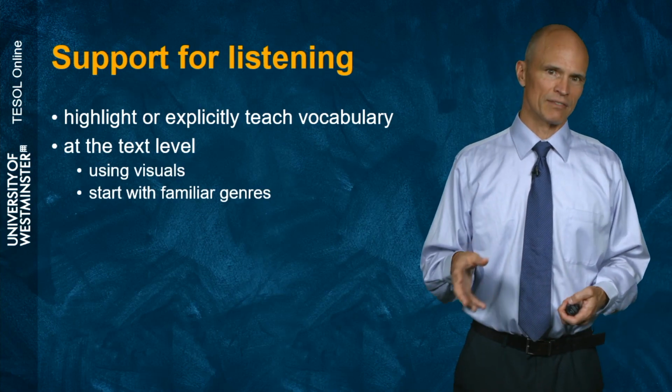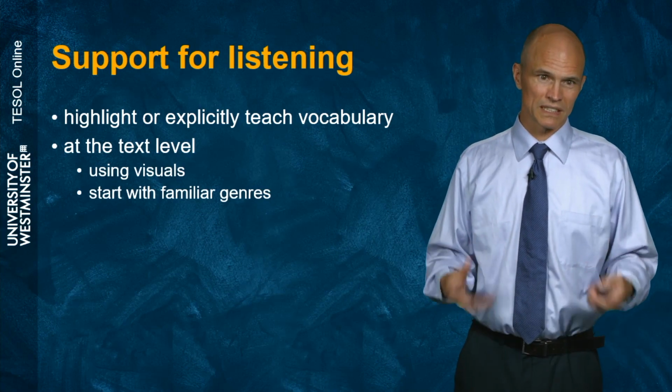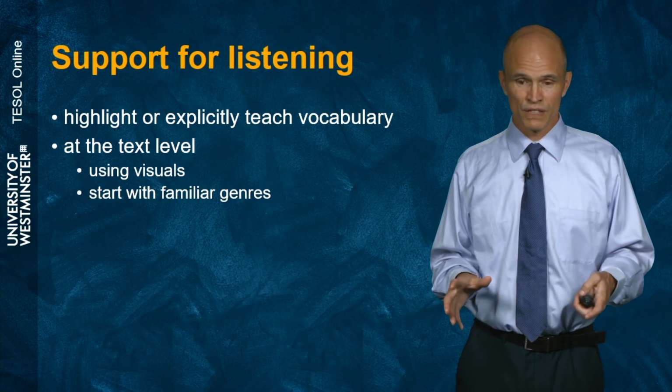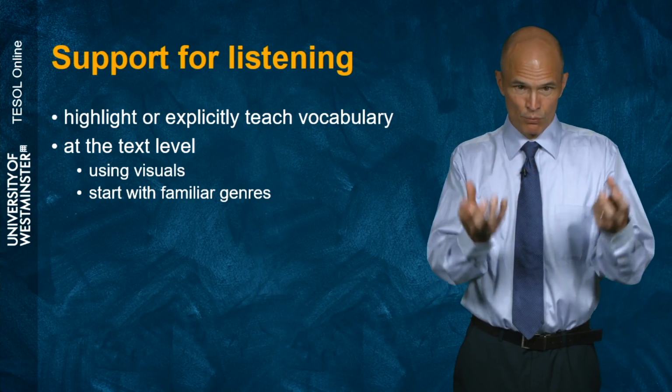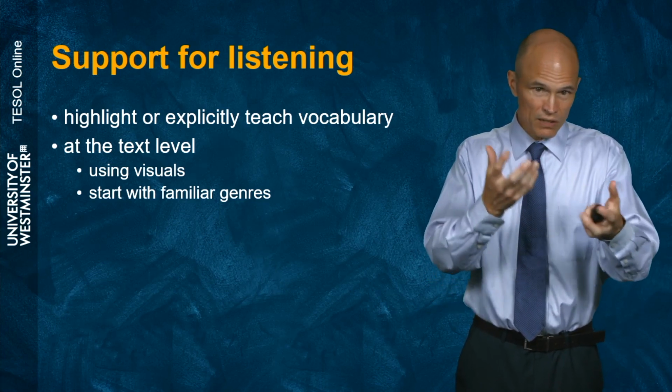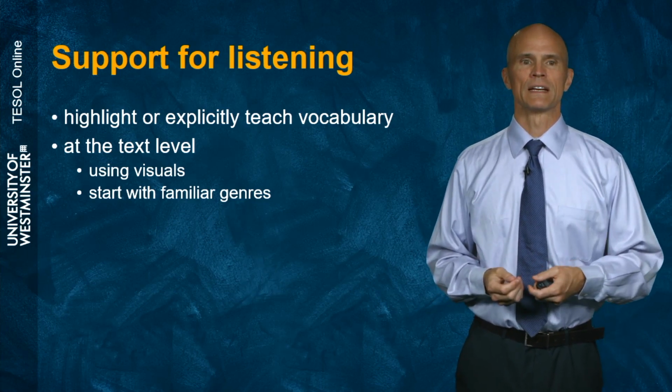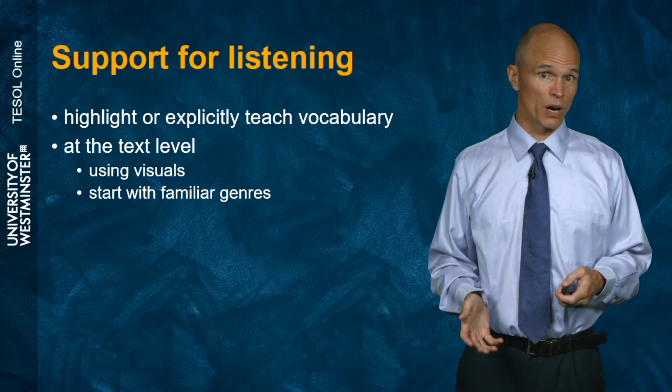At the level of individual words, and at the text level, you want to use visuals. Give students pictures to work with, have realia, items that they can look at while they're learning things. Starting with familiar genres is good.